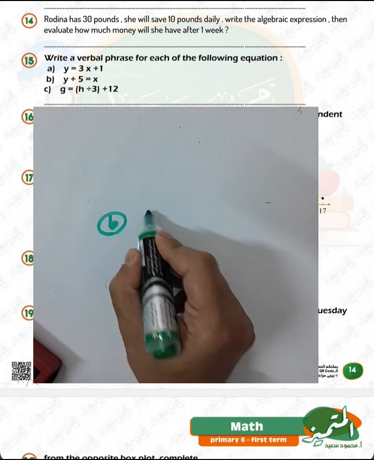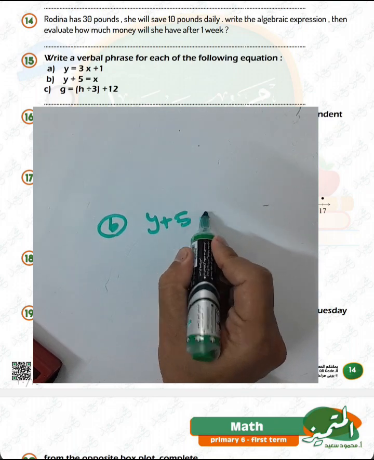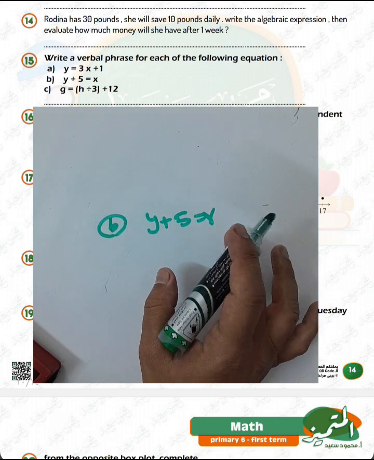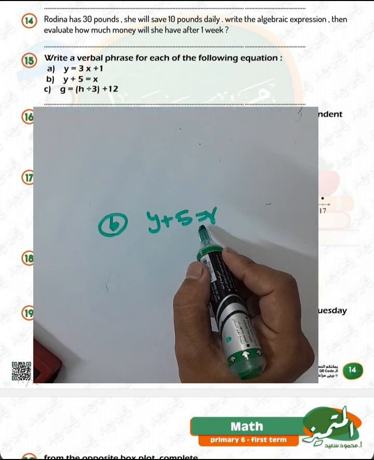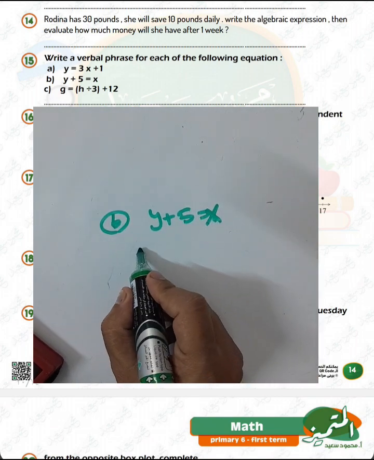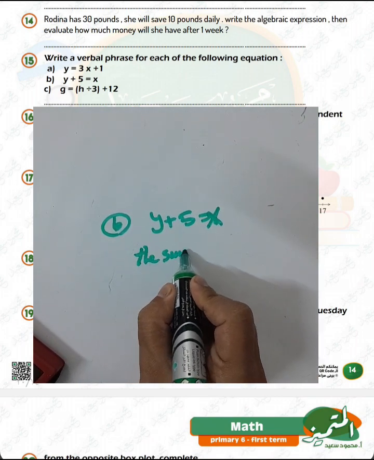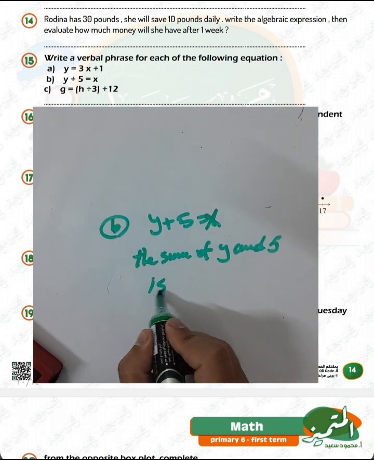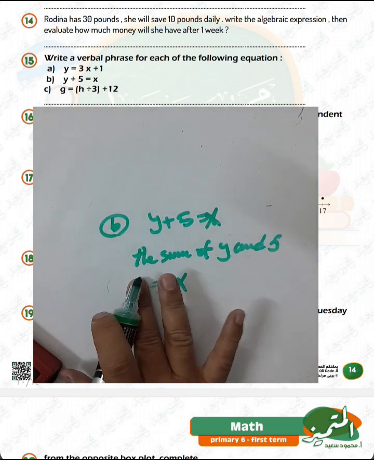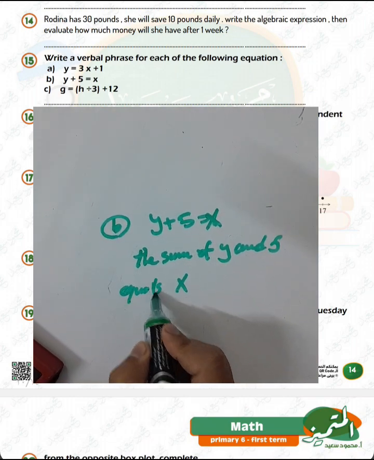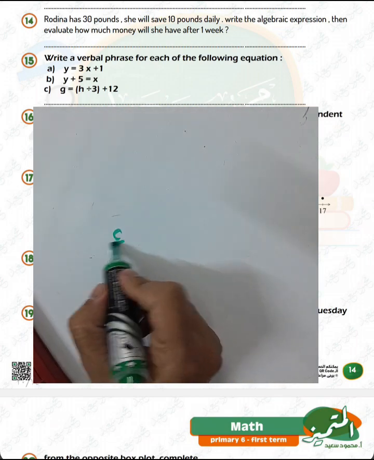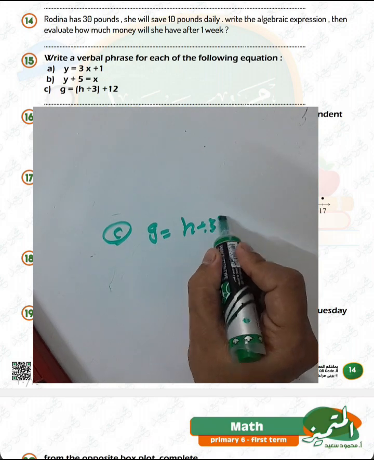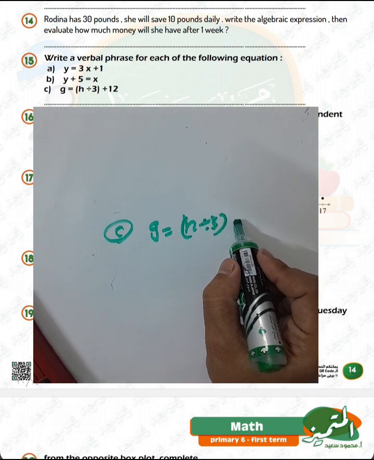Question letter B. y plus 5 equals x. We can write the sum of y and 5 equals x. Letter C. g equals h divided by 3 plus 12.